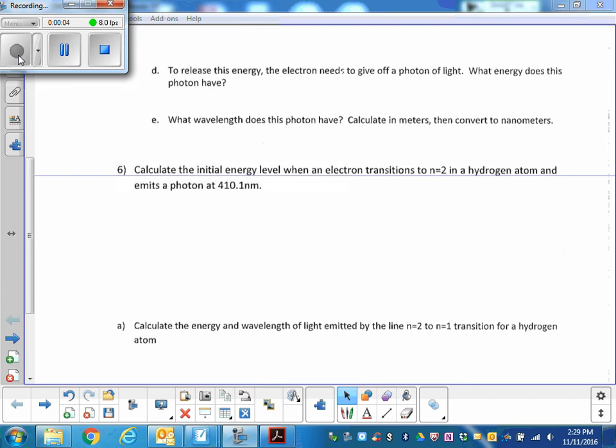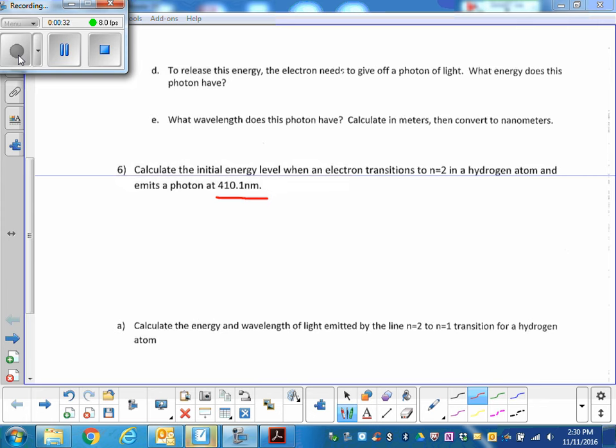This is another problem type that you will have to know how to do. Now this is the reverse. What is given to you here is the wavelength of light that's being given out. We know for a hydrogen atom the electron should transition to energy level 2.